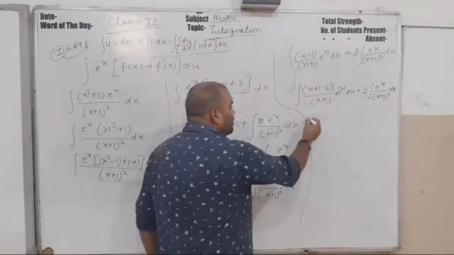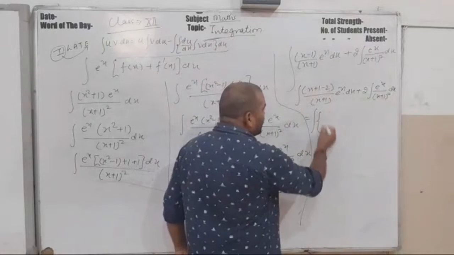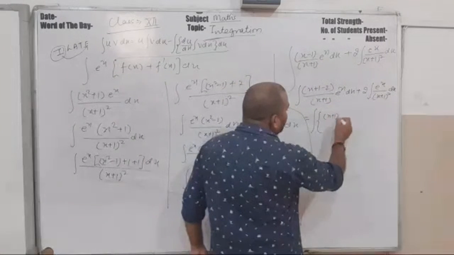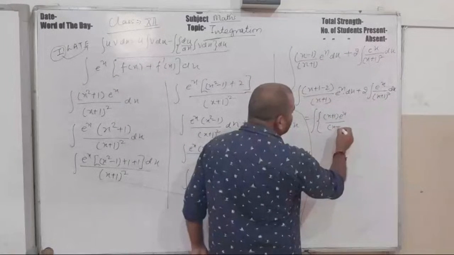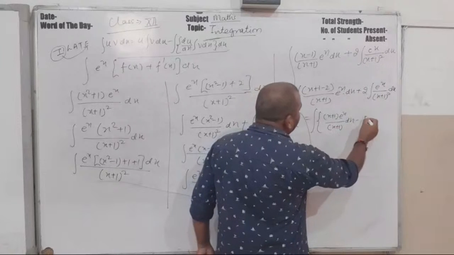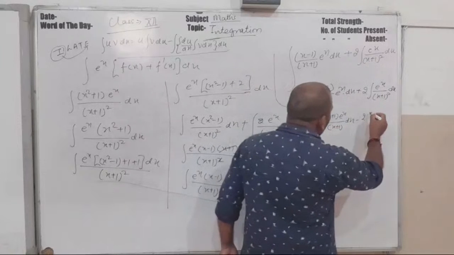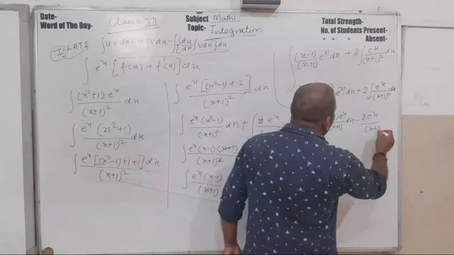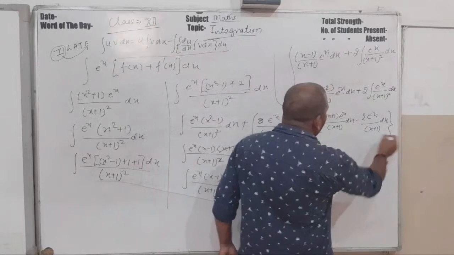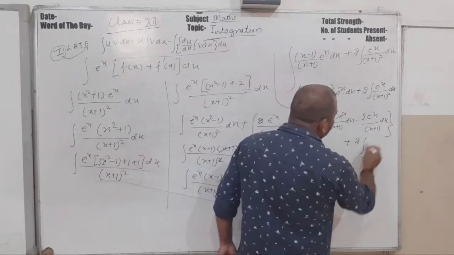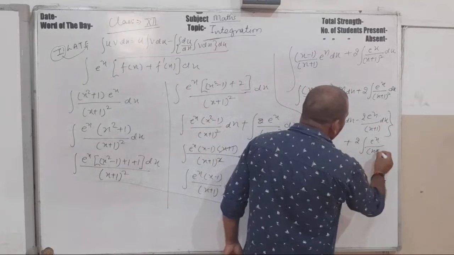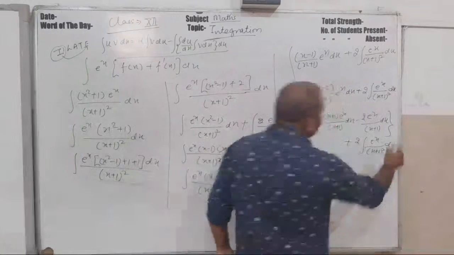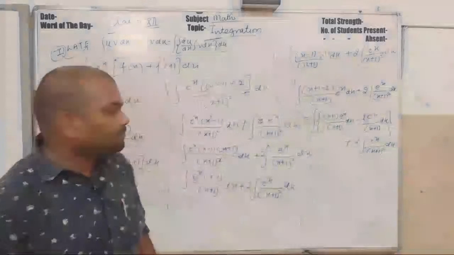Clear? Again, this function can be written as the integral of (x plus 1) times e to the power x upon (x plus 1) dx minus 2 times the integral of e to the power x upon (x plus 1) dx, and plus 2 times the integral of e to the power x upon square of x plus 1 dx. Clear?